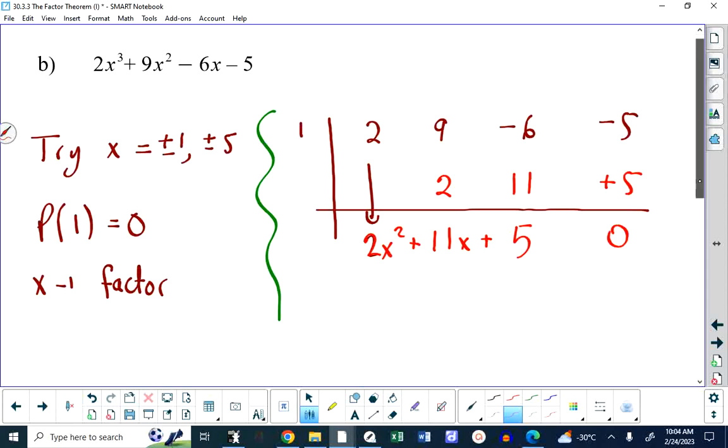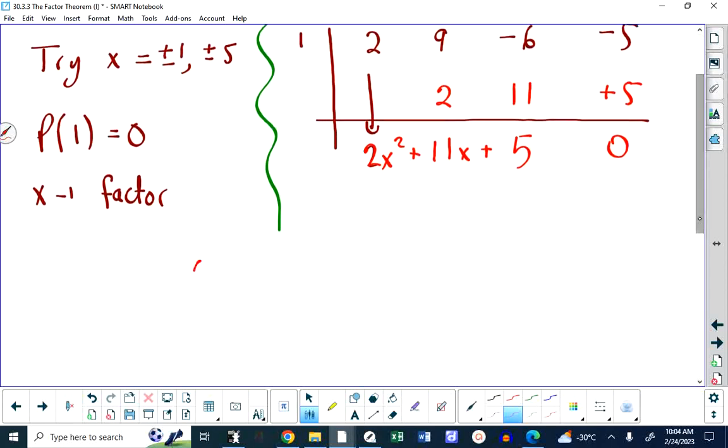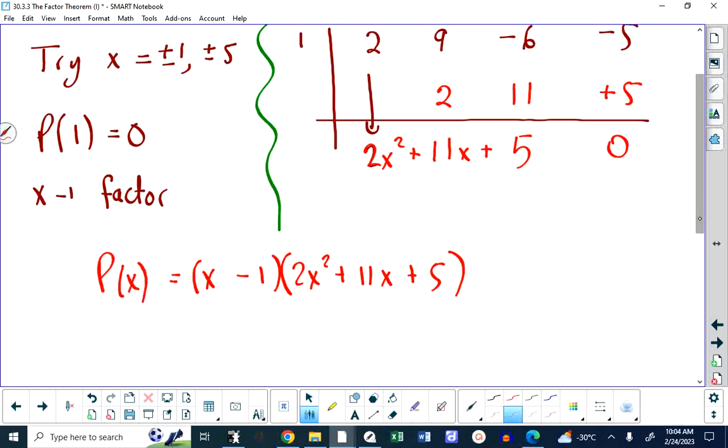And that means that both the x minus 1 and the 2x squared plus 11x plus 5 are factors. So P of x, the original polynomial, is the product of that. By the way, just because this is a degree 3 polynomial doesn't mean it's always going to factor into 3 factors. Maybe this quadratic is not factorable, but I believe it is.